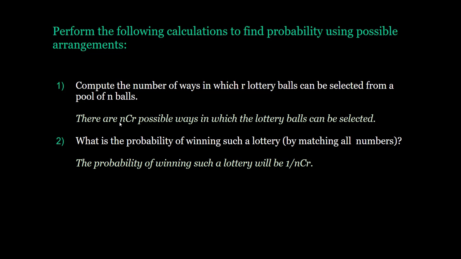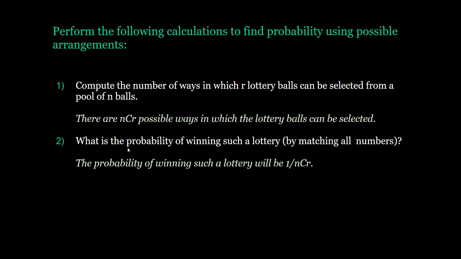This is an example of a combination, because in these lotteries, if we don't care about order and just care about that selection as a group, then this would be a combination. Whatever you are given as the total number would be your n, and then you use the combination feature in your calculator or the formal equation, and use r as the number you're selecting.